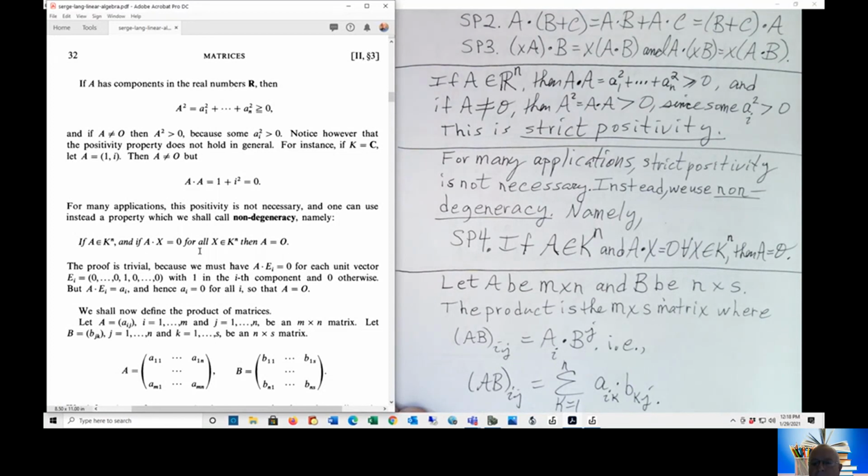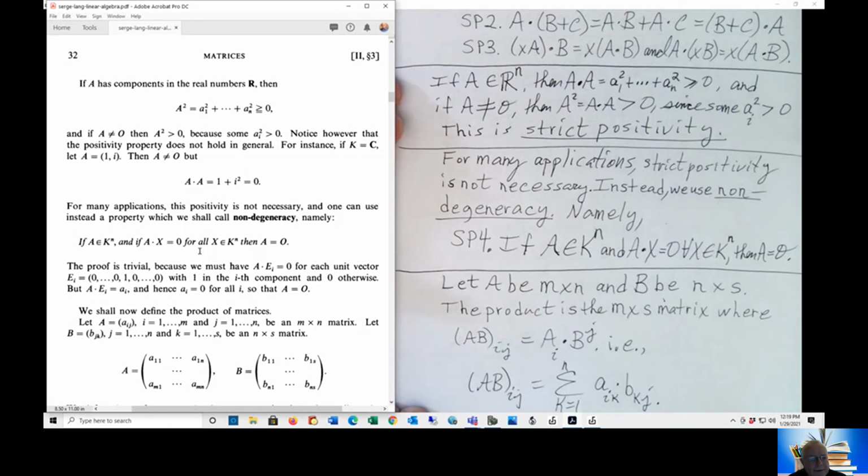That's non-degenerate. So if there were a non-zero vector where you could say that its dot product with any vector is 0, then it would not be non-degenerate, it would be degenerate. That would mean that it degenerates to 0. Okay?